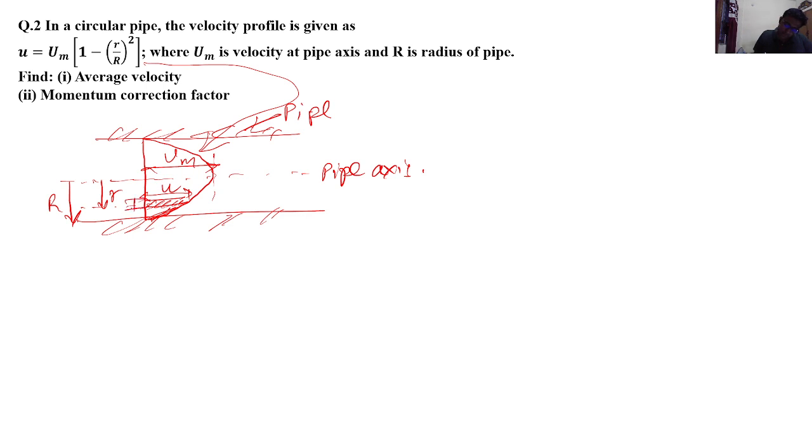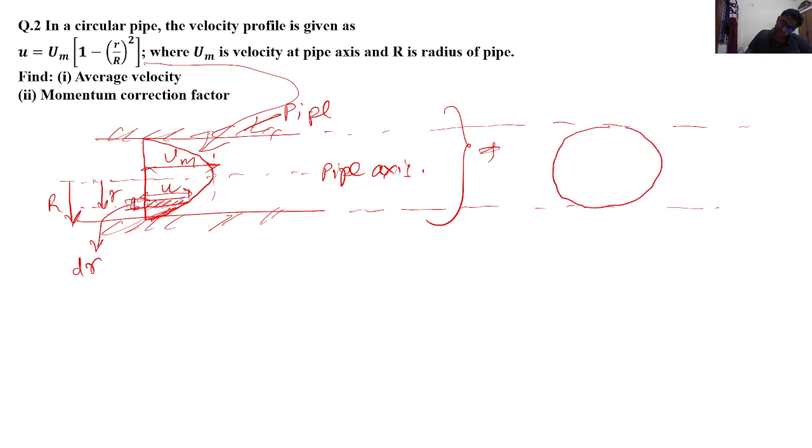Let us suppose this is an incremental width dr. We are just taking the cross section of the same pipe which was present in the longitudinal section so far. The cross section would look somewhat like this. It is a circular pipe. This is the center of the pipe.